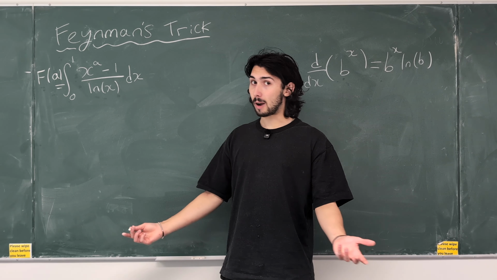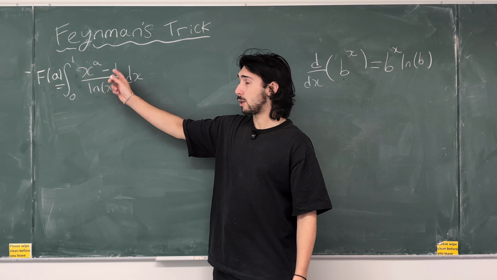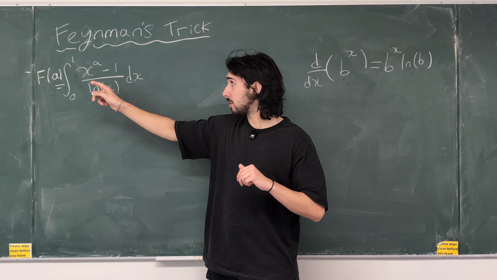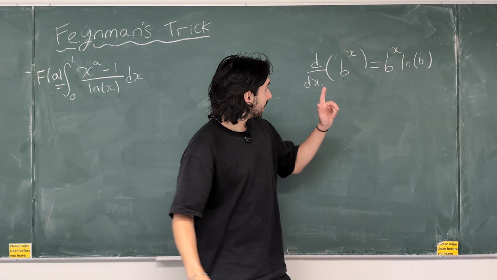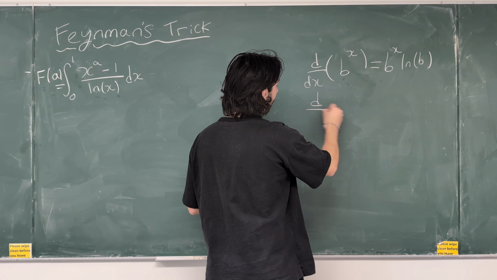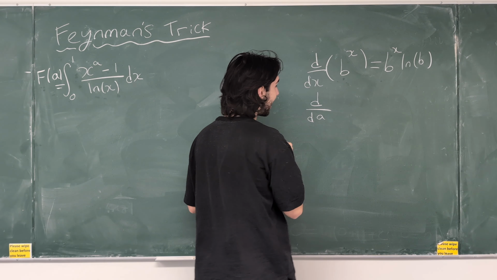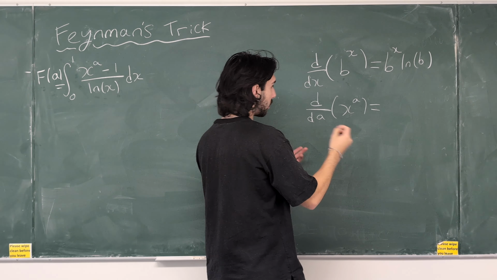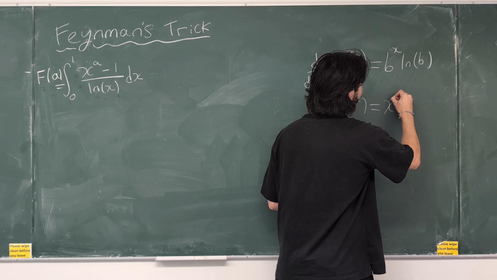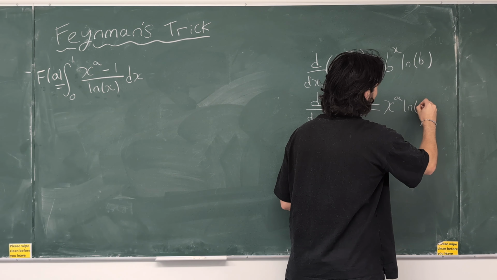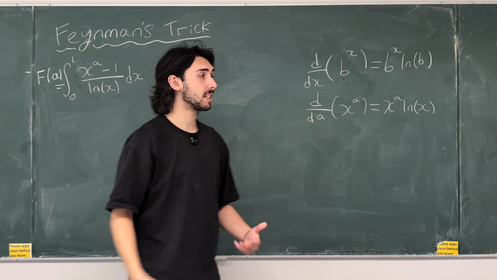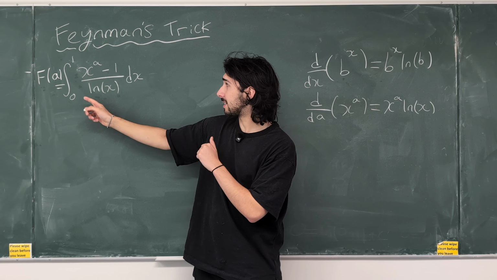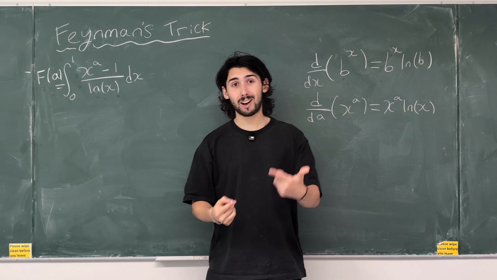If we hypothetically differentiated this thing with respect to a, because x is a constant, we're treating it as a constant, what we get is, I'm just going to write this down, the derivative with respect to a of x to the power of a would therefore be x to the power of a times the natural log of x, because we're treating x as a constant, okay? So if we differentiate this thing with respect to a, we might be able to cancel out the natural log.